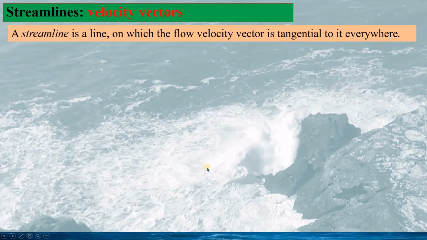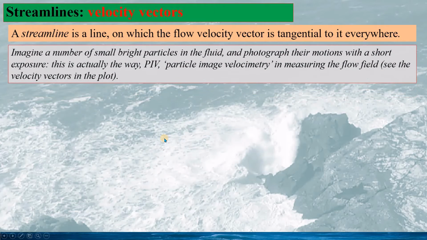As we all know, a streamline is an instant line on which the fluid velocity vectors are tangent to it everywhere. So we can imagine a number of small bright particles in the fluid, and we photograph their motion with a short exposure.